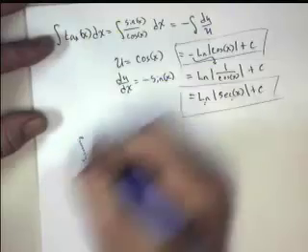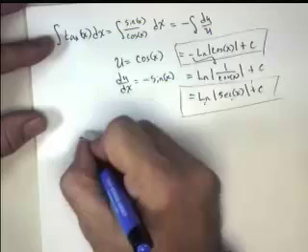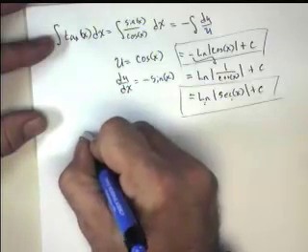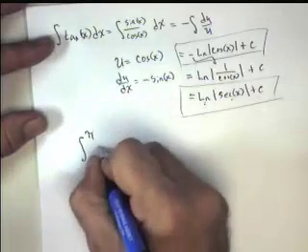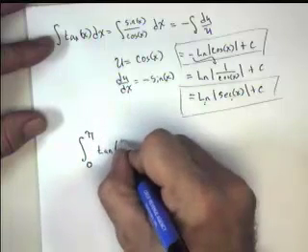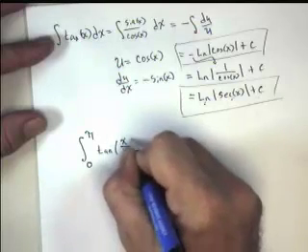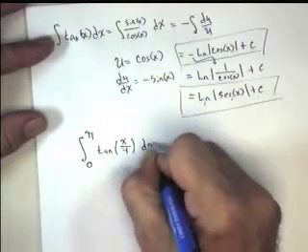How about the antiderivative from 0 to, let's say, pi of the tangent of x over 4 dx.